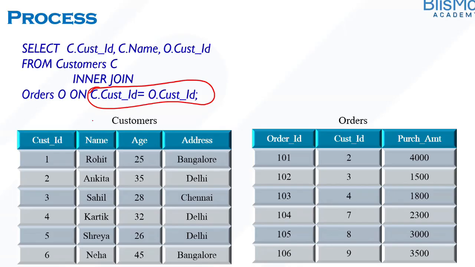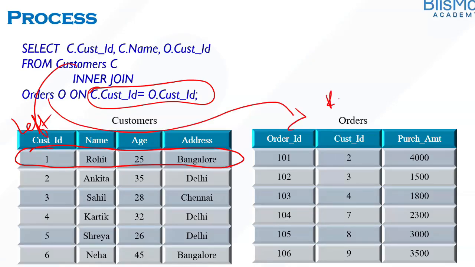What happens is, each record of the left table is compared with each record of the right table.